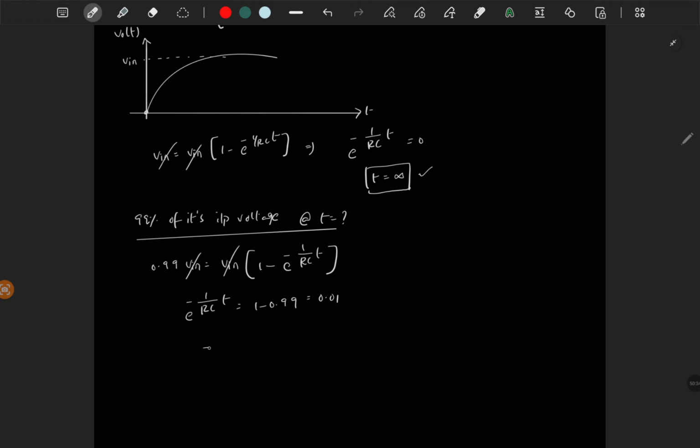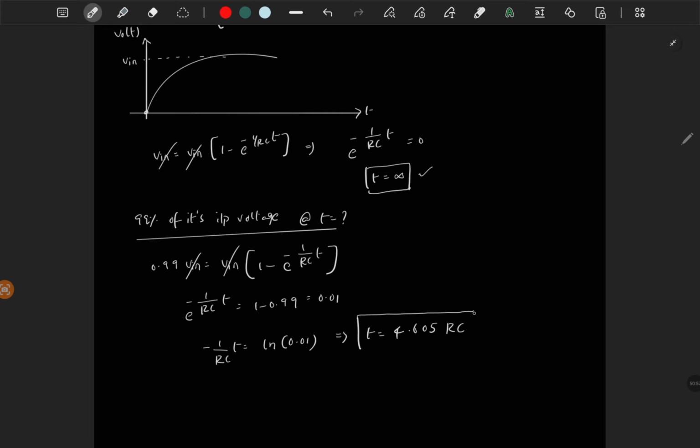Then minus 1 by RC into t is ln of 0.01, which is minus 4.605, so you will get t equal to 4.605 times RC.